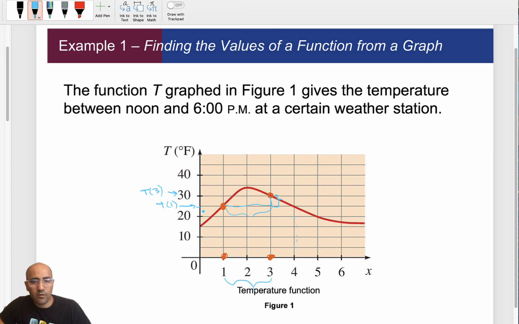From the graph there's a net change of about 10 degrees. This goes from about 20 degrees up to 30 degrees. So the net change is going to be 10 degrees Fahrenheit.